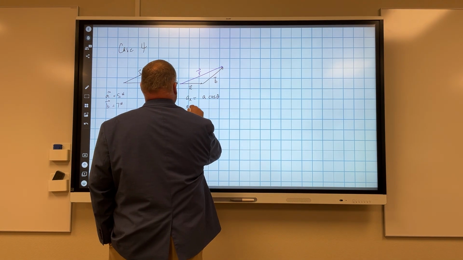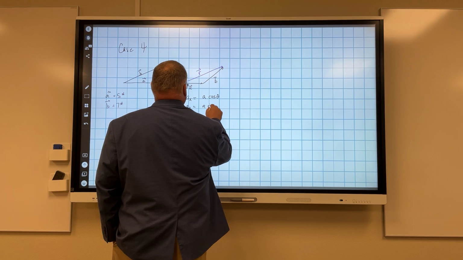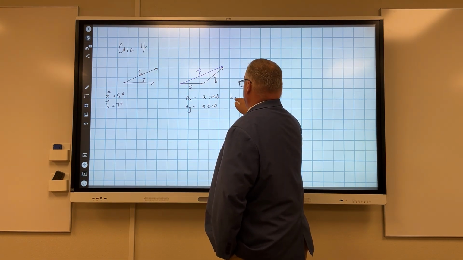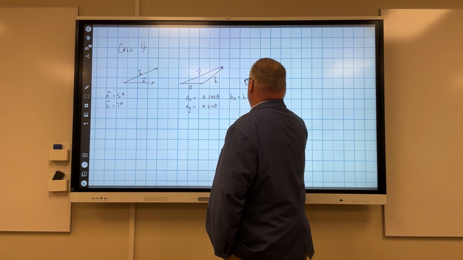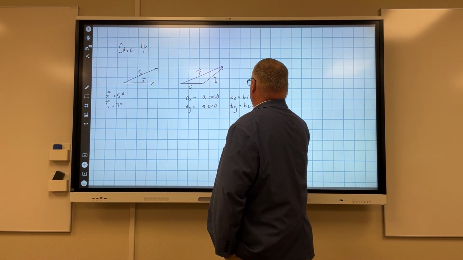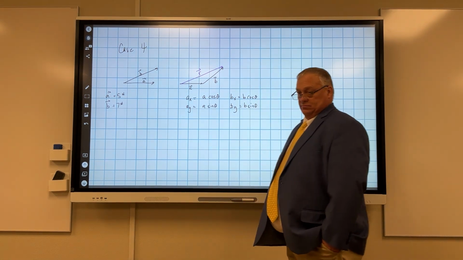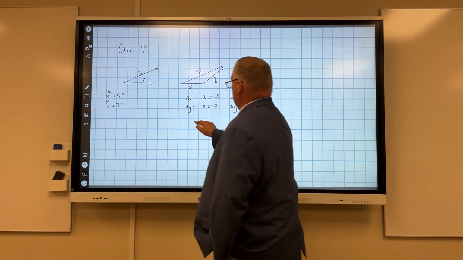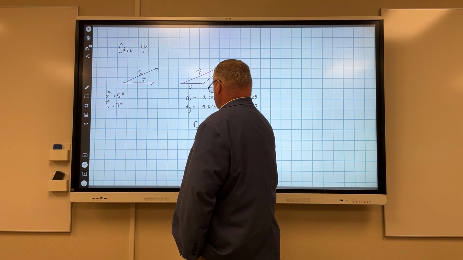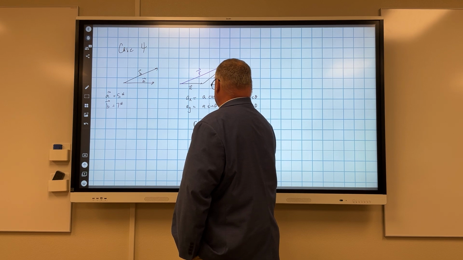The y component would be A times the sine of the angle. Bx would be B cosine of our angle. By would be B sine of our angle. So that Rx is equal to Ax plus Bx. Ry is Ay plus By.